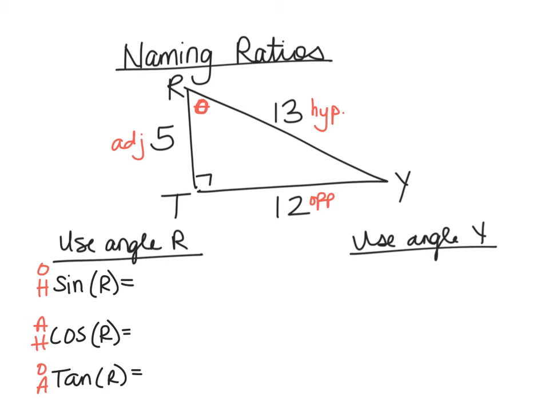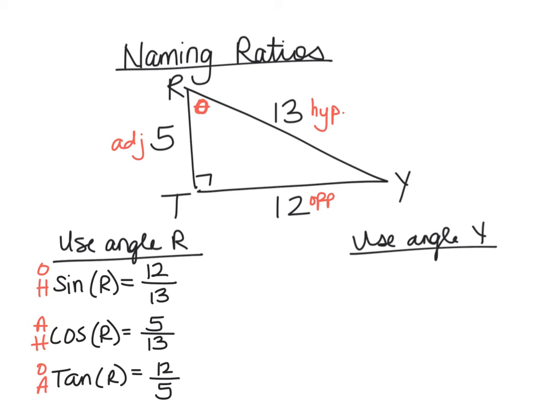So for sine of R, I'm going to set up my function to be opposite 12 over the hypotenuse 13. Cosine of R gives me adjacent 5 over hypotenuse 13. And then tangent of R gives me opposite, which is 12, over adjacent, which is 5. And that's all we have to do.